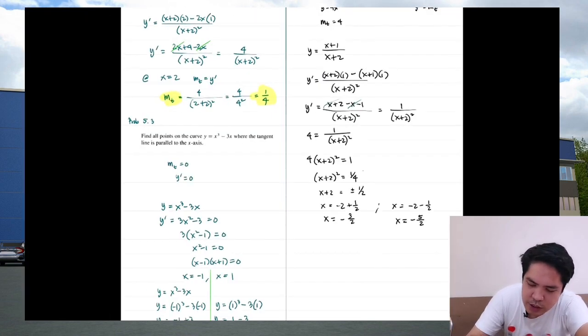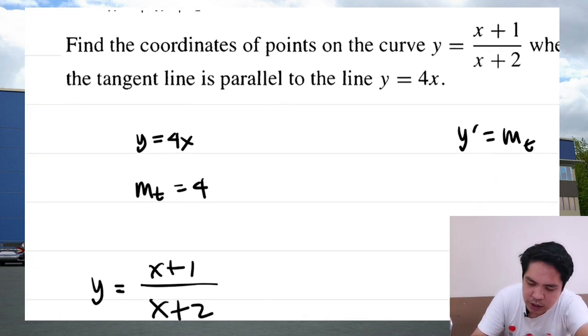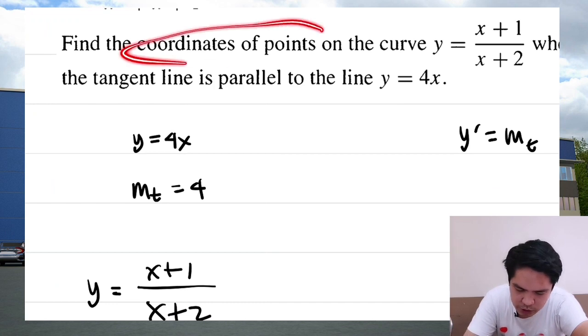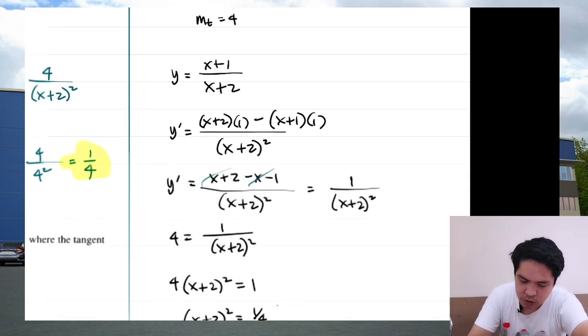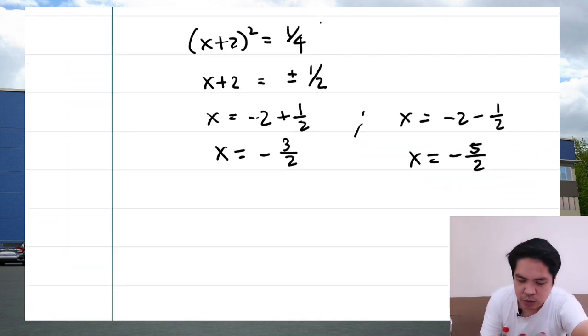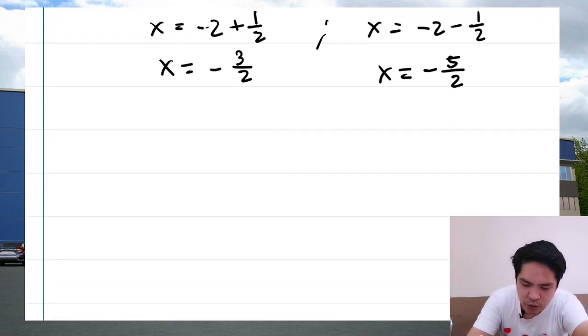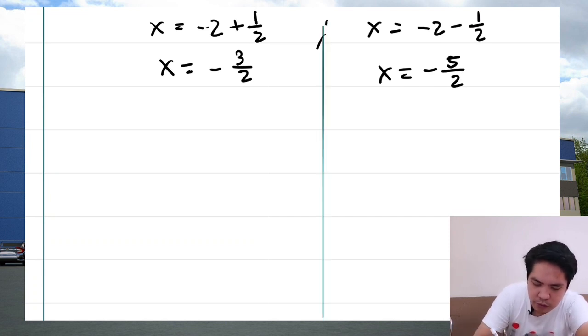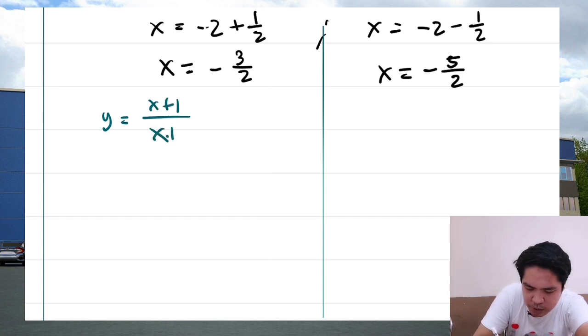Now, since what we are trying to solve is the coordinates of the point, and we already have the values of x, let's get the values of y, their pairs. Okay, so let's solve for the value of y. We know that y is equal to x plus 1 over x plus 2.